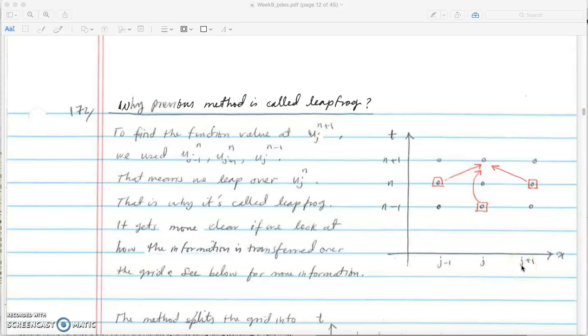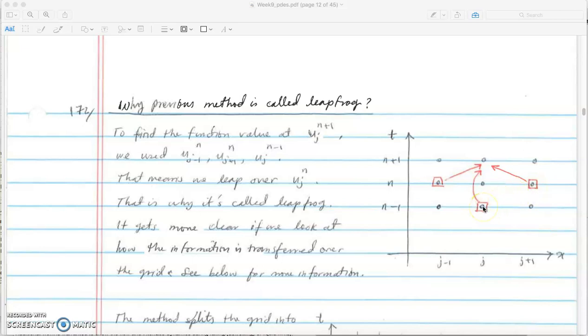So if you remember from the Leapfrog method, to calculate the variable at n plus 1 and j, so here's j, here's n plus 1, to calculate this variable at this grid point in time and space, we need to know at time tn and xj minus 1, and time tn and xj plus 1.